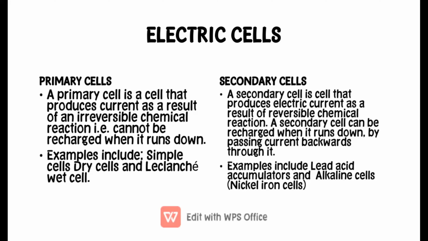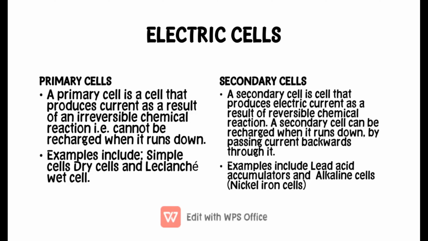In other words, these ones can be recharged when they run down by passing current back through the cell. So the cells that we can charge are those whose chemical reactions inside can be reversed, whereas those that we cannot charge have reactions that cannot be reversed, or are irreversible. And they are giving us examples of each.